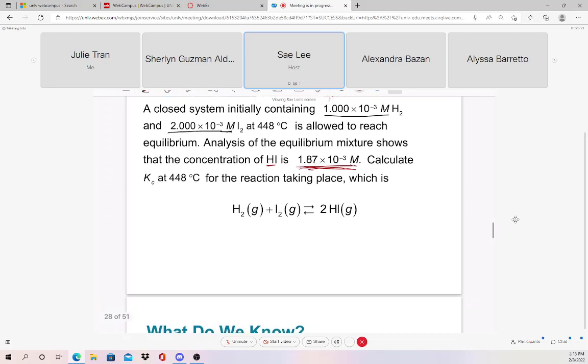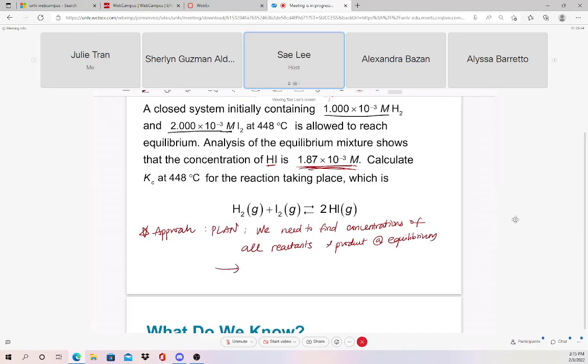So I'm going to write down the approach or plan. We need to find the concentrations of all reactants and product at equilibrium.